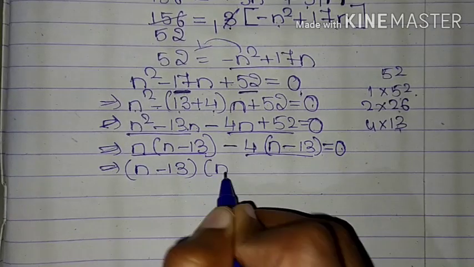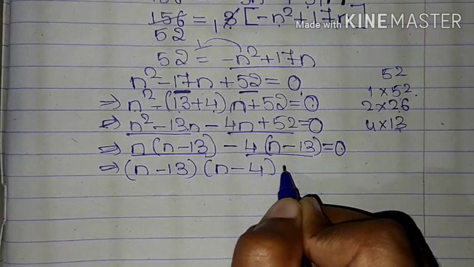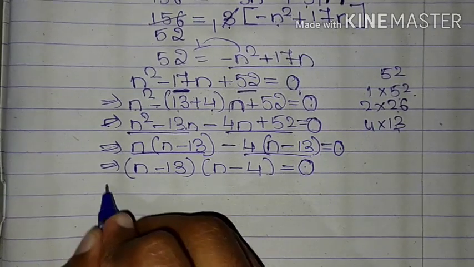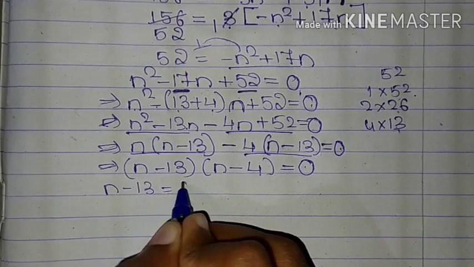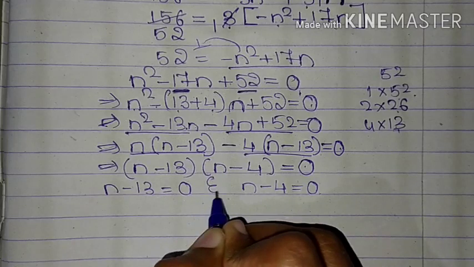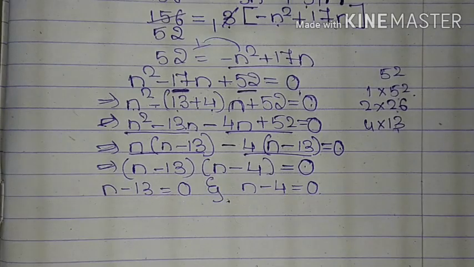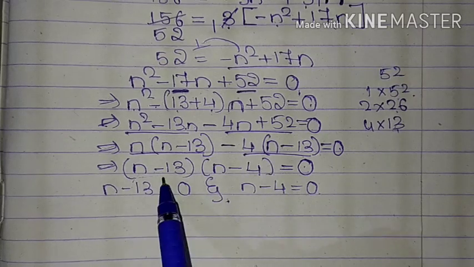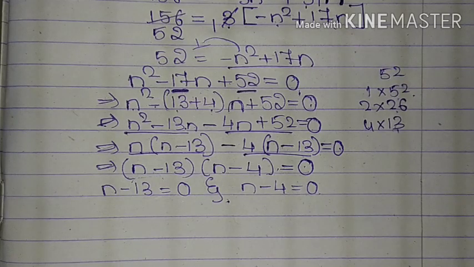So the remaining values will be n minus 4 is equal to 0. So now I can write n minus 13 is equal to 0 and n minus 4 is equal to 0. In factorization of polynomials, you used to stop at this step. That is, when you got the factors, you used to end your solution there. But in this case, we are moving a step ahead.